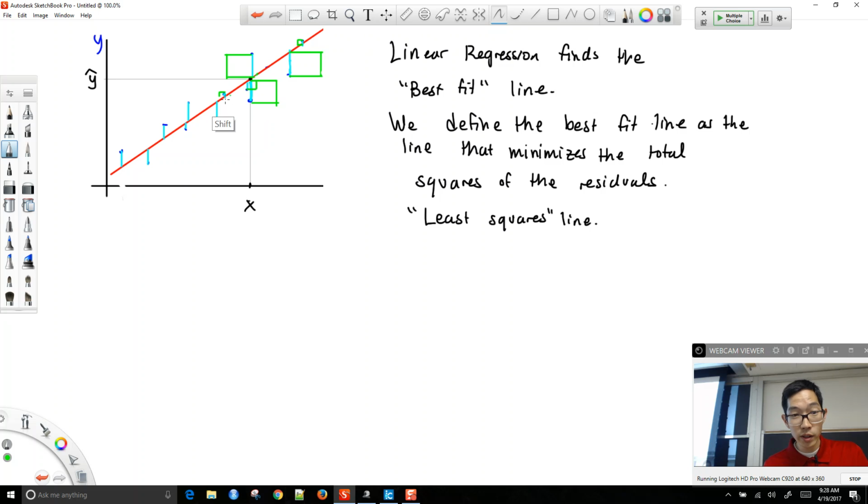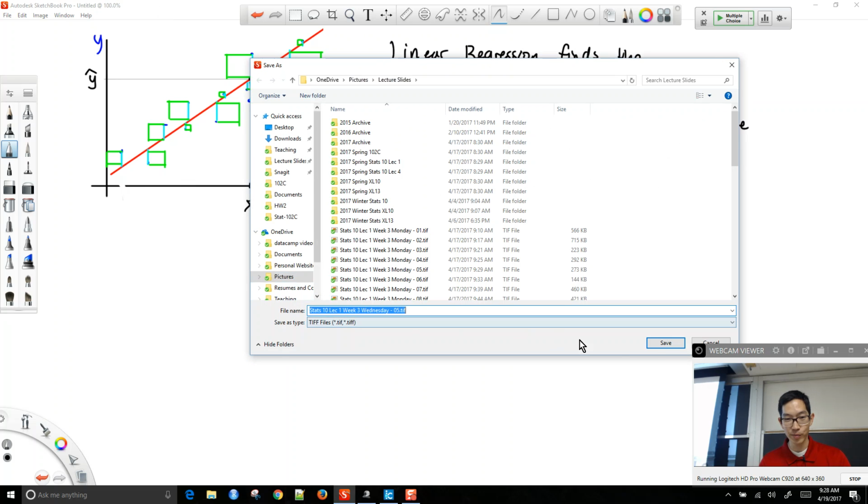Every residual gets a square. I'm going to draw squares for every single one. Okay, mission accomplished. We have squares for every single residual. We square all of them, and we add up the total sum of squares. If we had a different line, we would get different squared residuals.